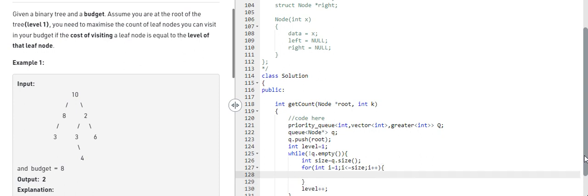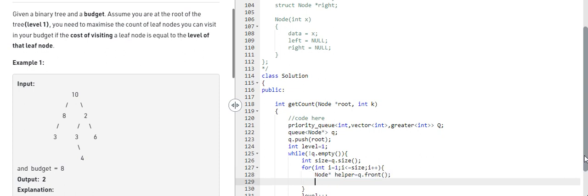Here we pop from small q. Node star, I take one helper as q dot front, and then if helper left is null and helper right is null, what is the meaning of this?